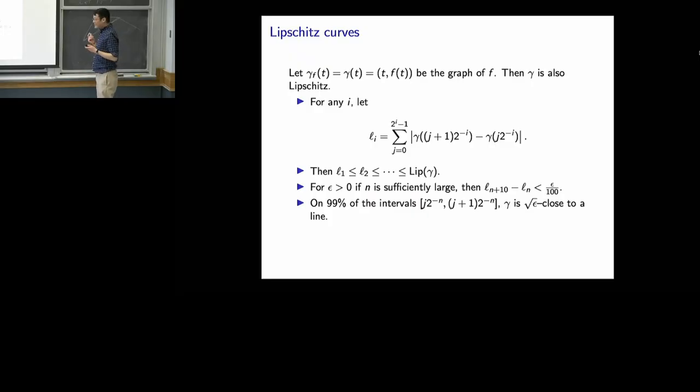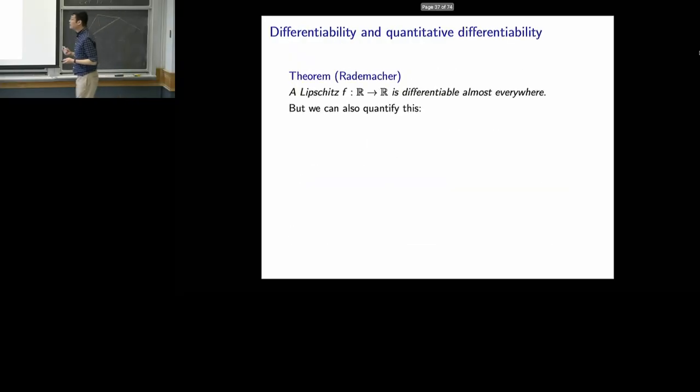This is not exactly Rademacher's theorem, but it's very close. It tells you that on a large chunk of your curve at very small scales, your function is very close to linear. Like I said, this is not quite Rademacher's theorem.